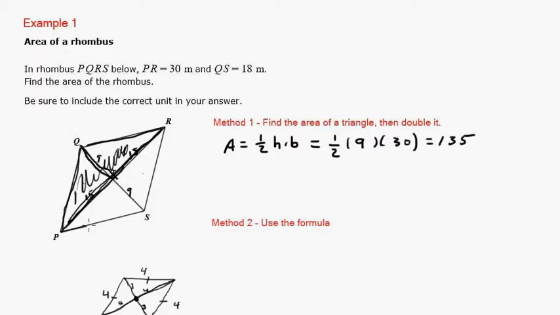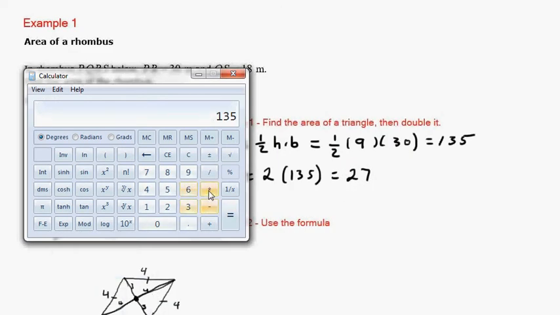We still need to double it because the triangle on the other side is the same. So the total area would be 2 times 135, and so that's back to 270. That's where we came from.